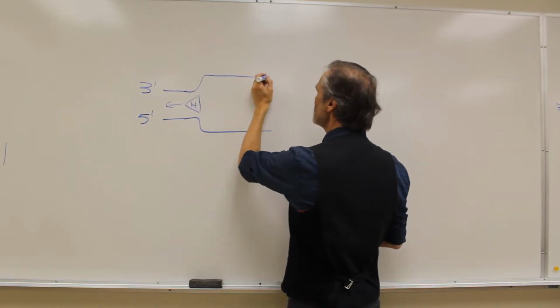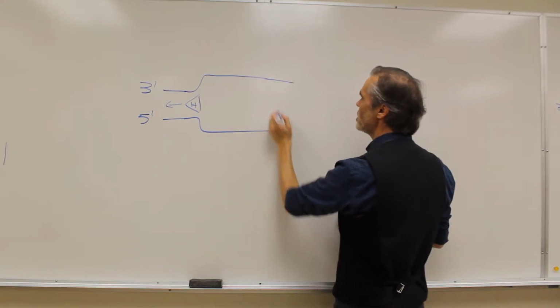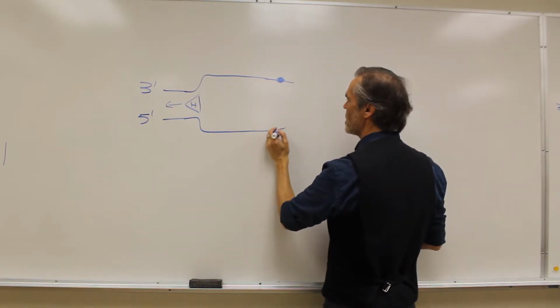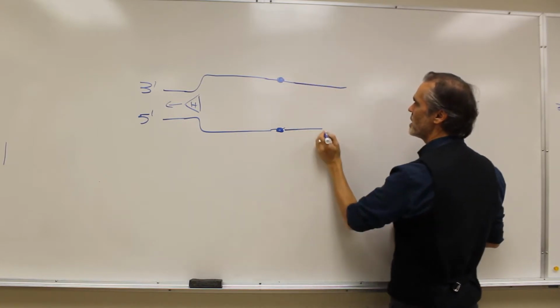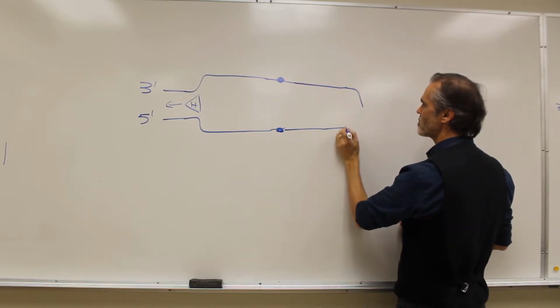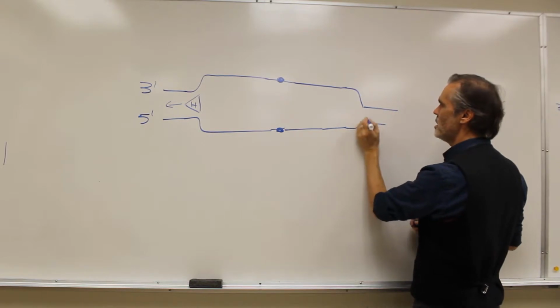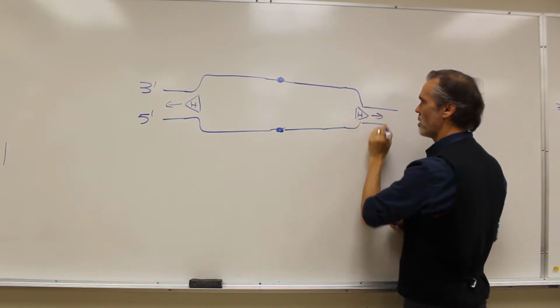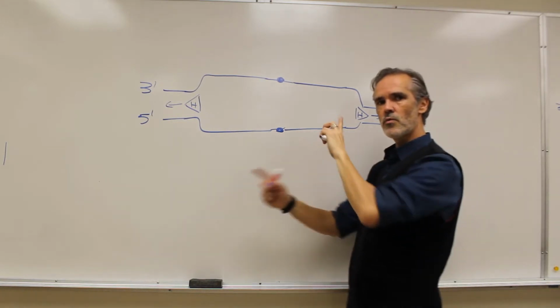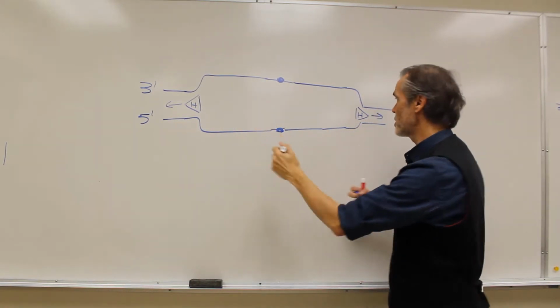So this is what we have here in the middle. We still have our origins of replication, right? And then our replication bubble is now this way, with the helicase moving in this direction as well. Okay, so the helicase is moving in one direction, and we have another one in the other direction.